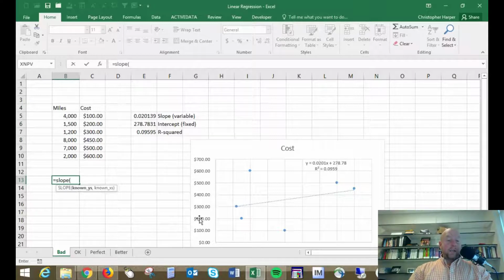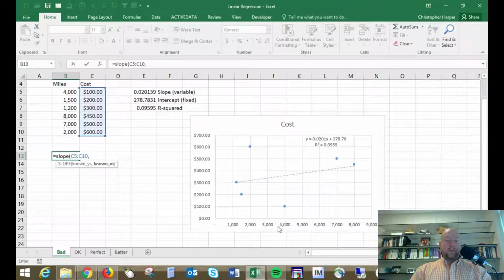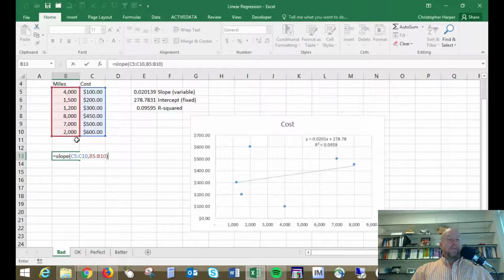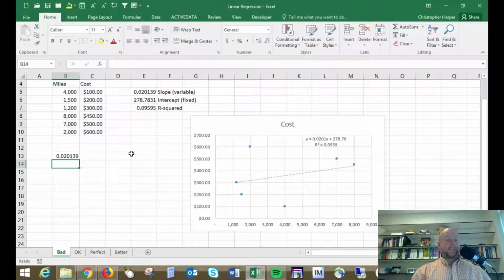Now your y-axis here is going to be your total costs. So the known y's are these costs right here, comma, known x's. Well, the x's are going to be this activity, the number of miles. So the formula ends up being C5 through C10 are your known y's, your costs, and B5 through B10 are your known x's.